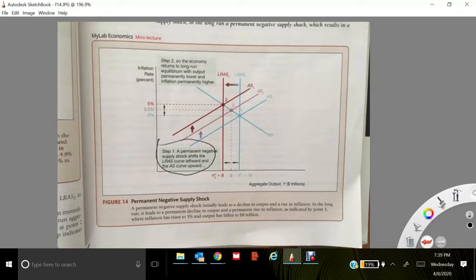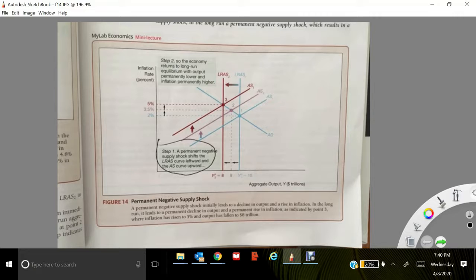Okay, so now the text takes up the case of permanent supply shocks. First it discusses, since we were talking about negative supply shocks, temporary ones, what about permanent negative supply shocks?